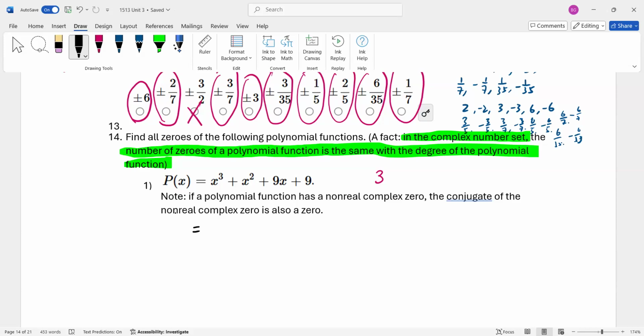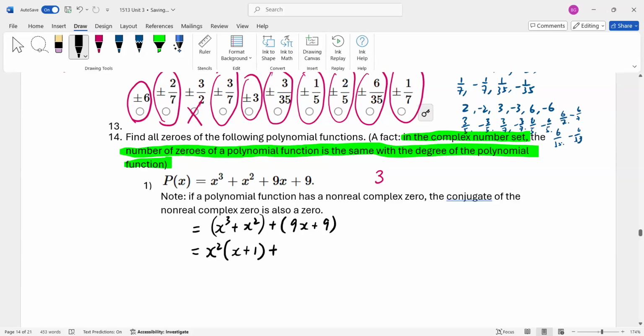We can group the first 2 terms together and group the last 2 terms together. And then factor the GCF from the 2 terms in the first group. x cubed plus x squared. The GCF is x squared. Factor out x squared. And in the parentheses, we have x plus 1.